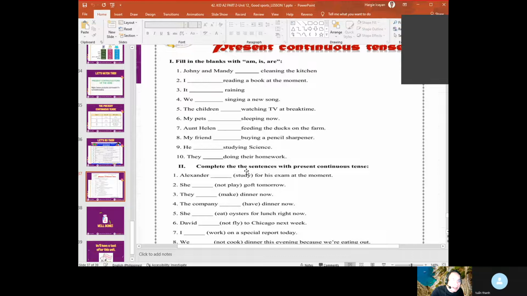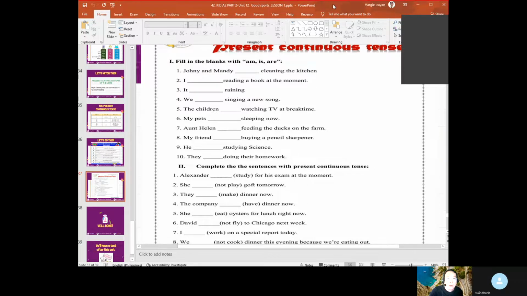So what would be the continuous form, the ing form, of the word study? It becomes studying, right? Okay, so what happened to this one? Alexander is studying for his exam at the moment.